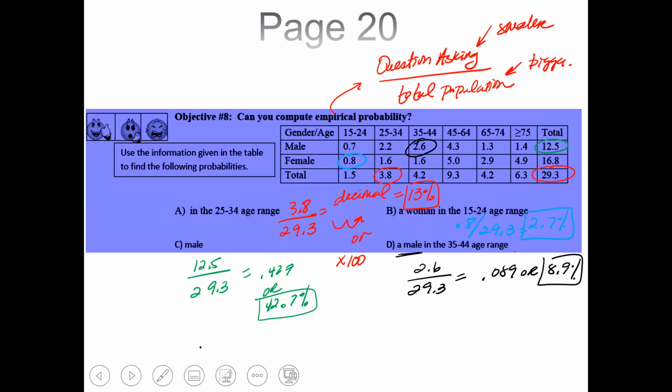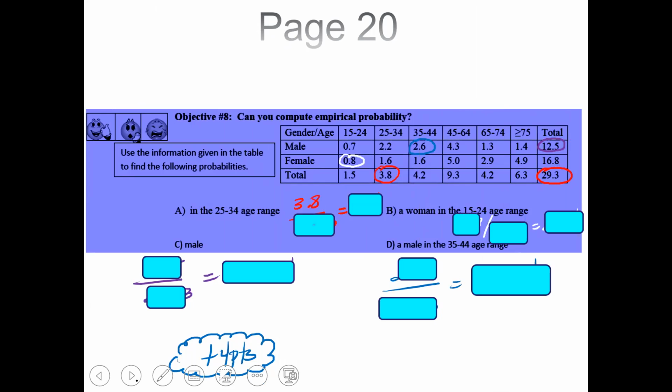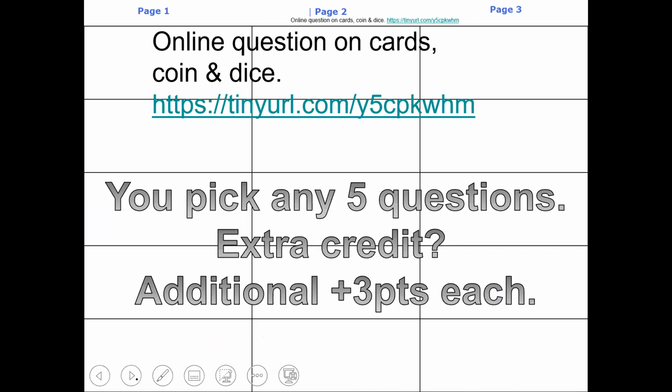All right, you guys, so let's go ahead and move on to the next part. Just grab an extra piece of paper, or find an extra space somewhere. What I want you guys to do is write down page 1, page 2, page 3. You have this tiny URL you're going to go to.